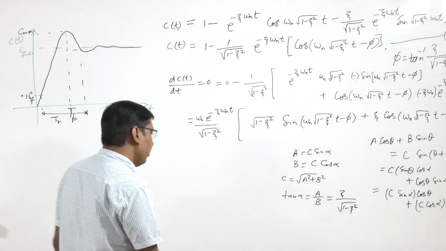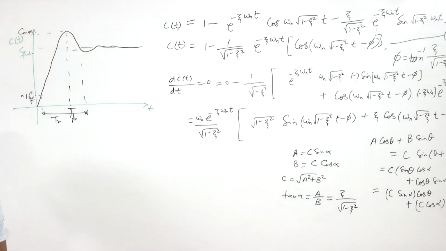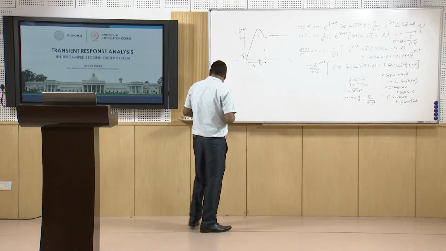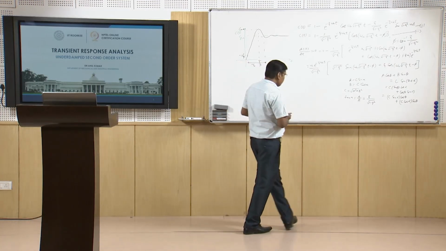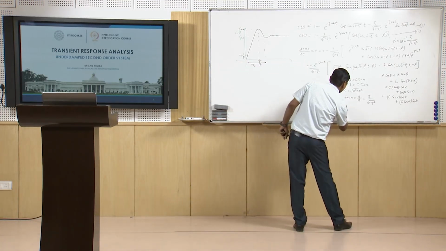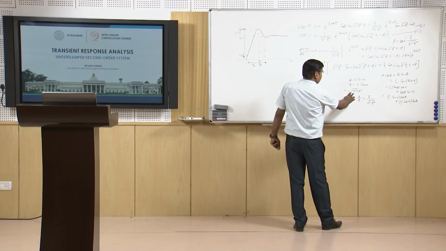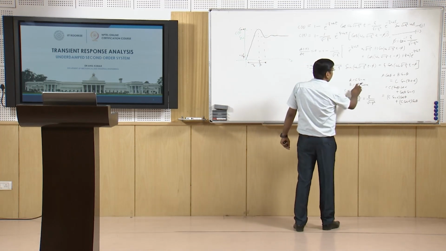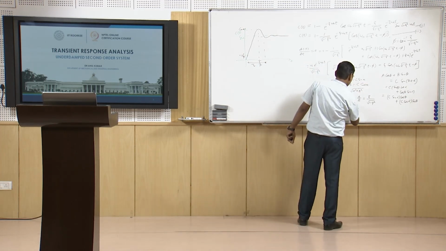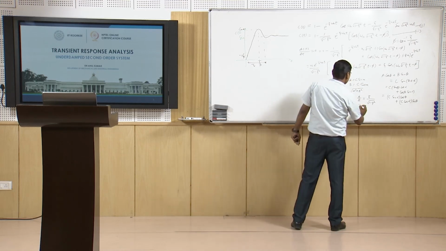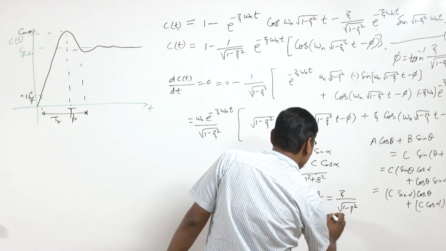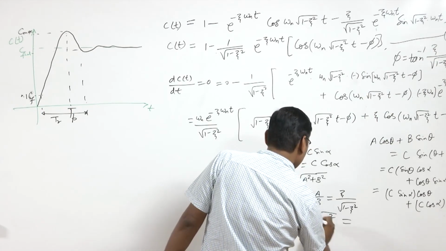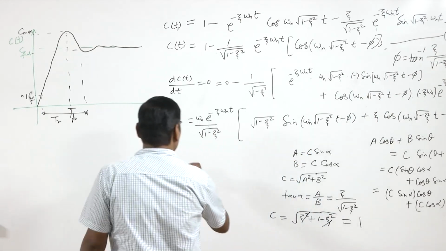So we will get alpha equal to tan inverse zeta upon root 1 minus zeta square, and c equal to root a square plus b square. So a square is zeta square, plus b square, that is 1 minus zeta square, so equal to 1. So c is equal to 1.